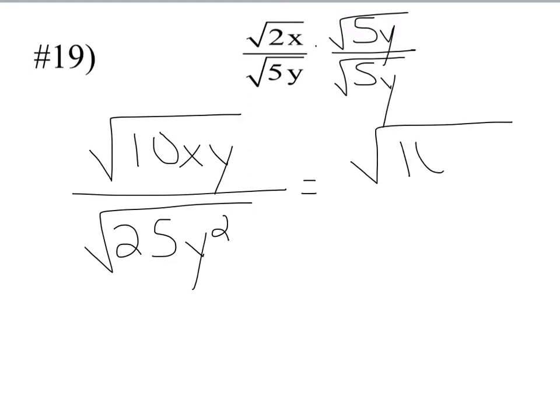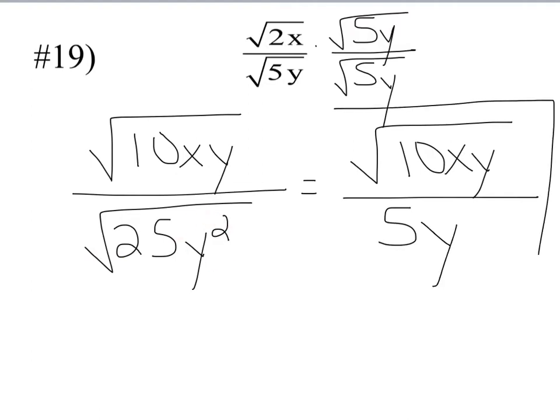The square root of 10xy, can't do anything with that, but the square root of 25 is 5, and the square root of y squared is y. So that is your final answer.